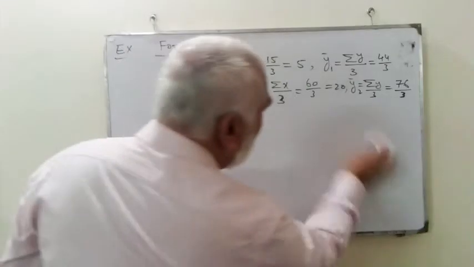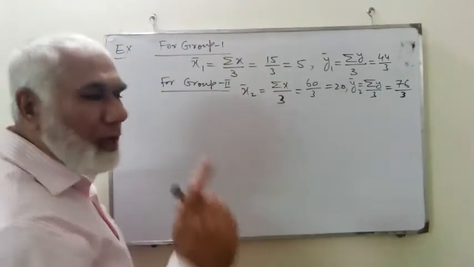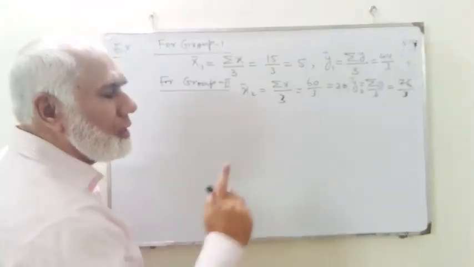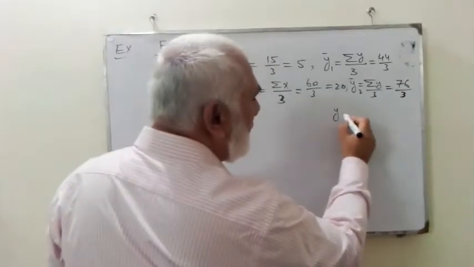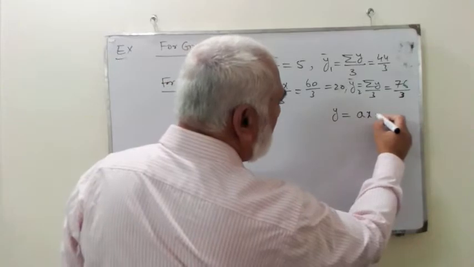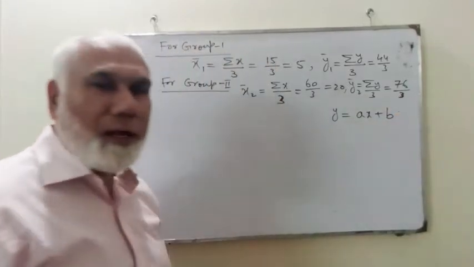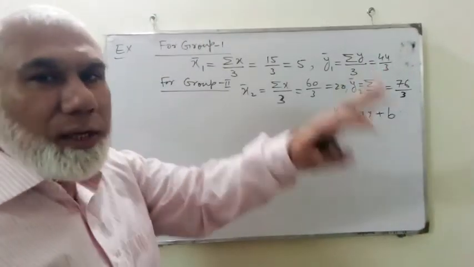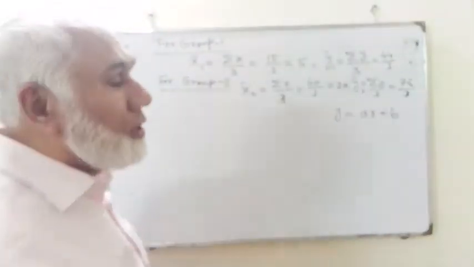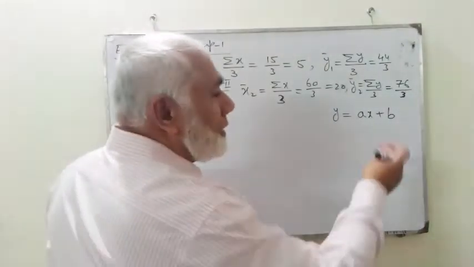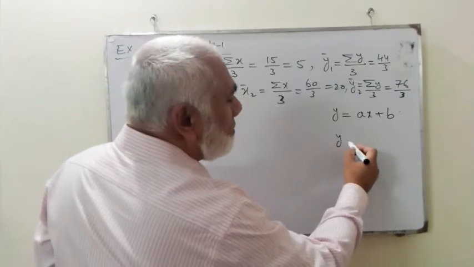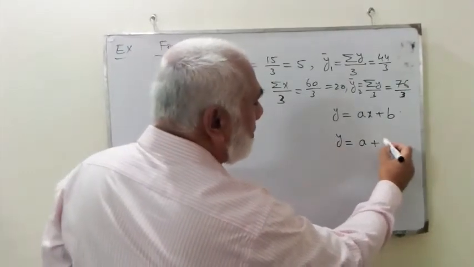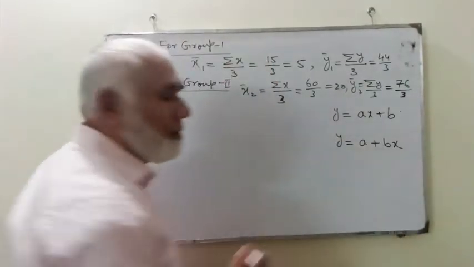Okay, now before writing the equations we have developed, you have to keep the equation of the curve which we have to fit. The equation of the curve is ax plus b. This is the curve we are going to fit through the given set of points. But the equations we developed in the theory, if you remember, were in the form of a plus bx.